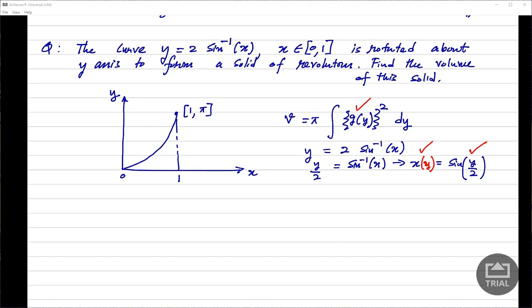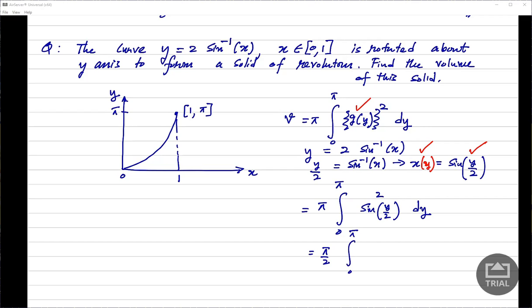Oh, I forgot to put the boundary here. Now the boundary would be 0 to pi, because this is pi here. So my function would be sine of y divided by 2, squared, and then dy. This can be written as pi divided by 2, integral 0 to pi.